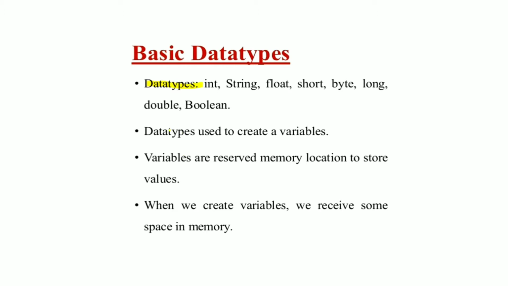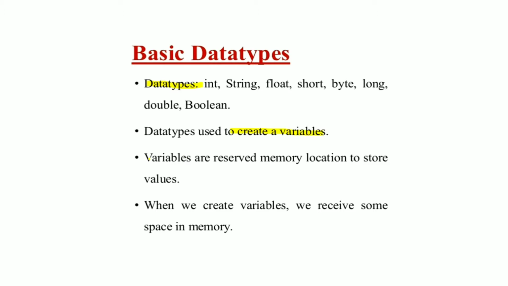And data types are used to create variables. Therefore, we can also define the data type as the operation that can be done on data and what type of values can be stored.